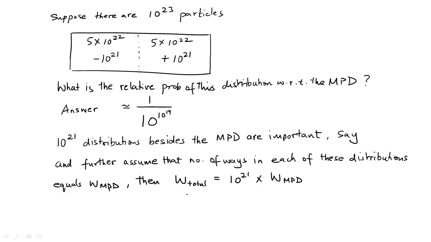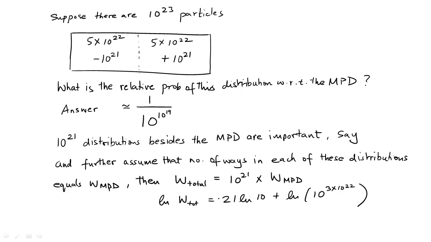But even with this, if we take the log of both sides, then we see that ln W total is equal to 21 ln of 10 plus ln of 10 to the power of 3 times 10 to the power of 22, which is a number you should have calculated while answering this question about the relative probability of this distribution with respect to the most probable distribution.